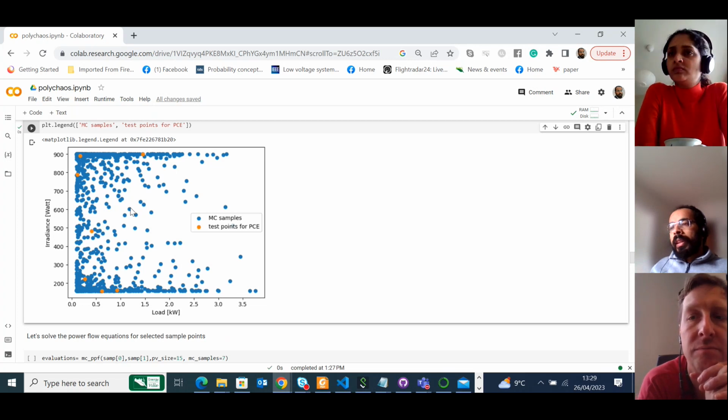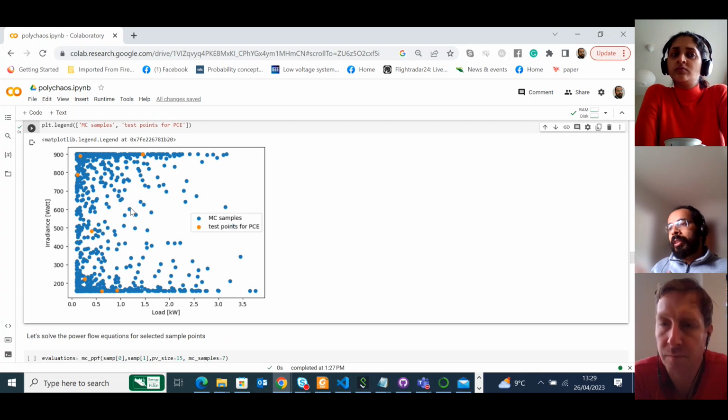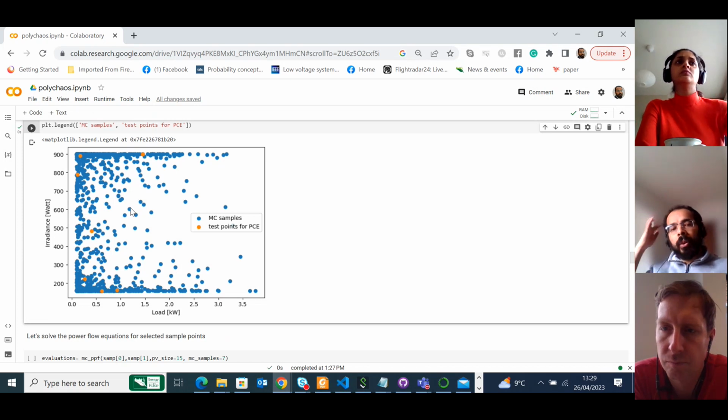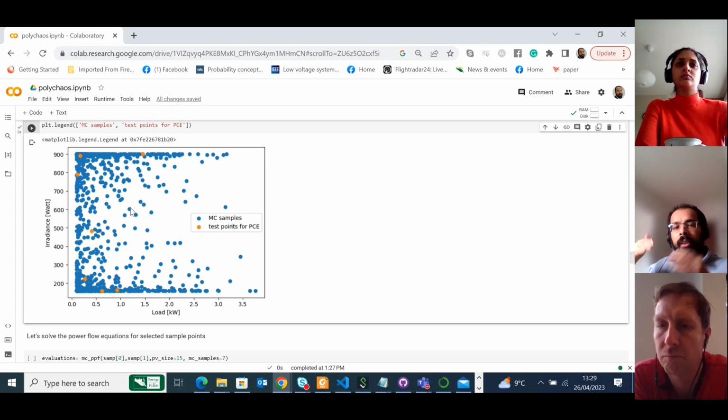They have a formula which samples the coefficients. If you give the number of samples you want, based on that formula, it will sample points which are well distributed.